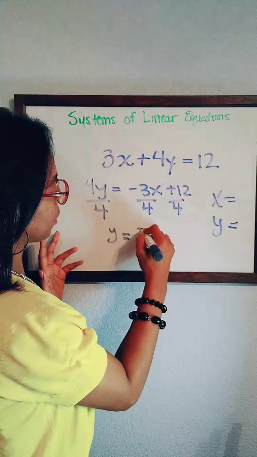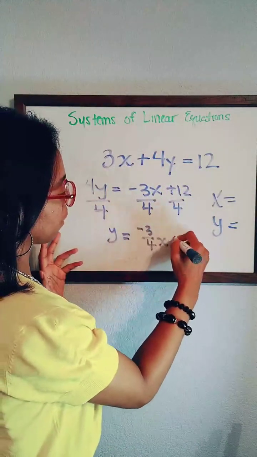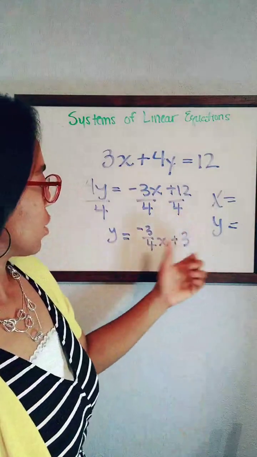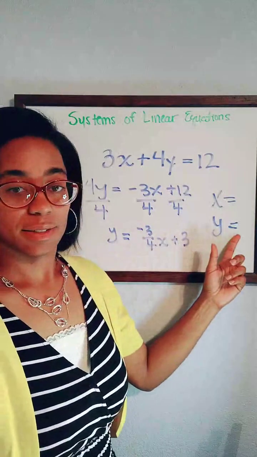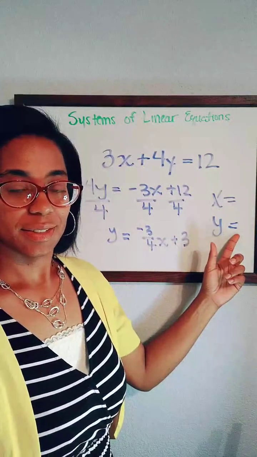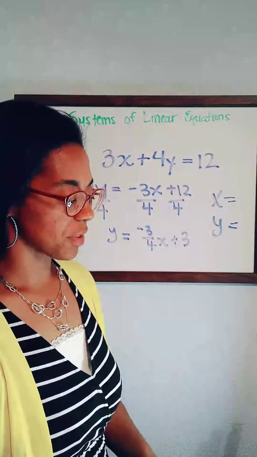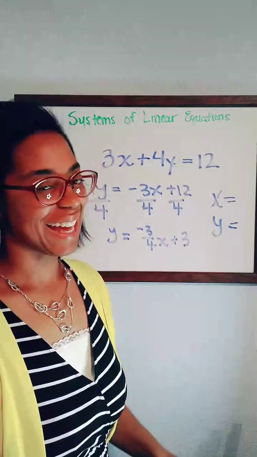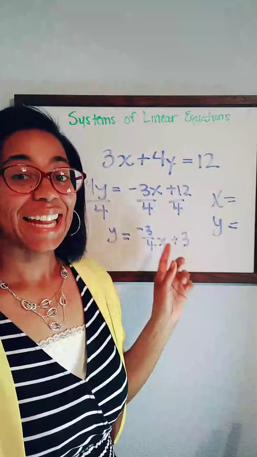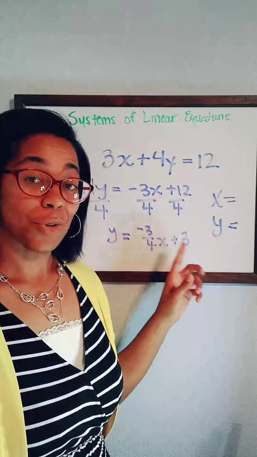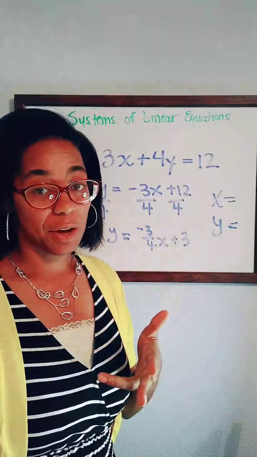Now I have y is equal to -3/4 x plus 3. So you telling me y is equal to all of that? I'm looking for numbers to put in there. Now I can use this to graph to find out what it's equal to.